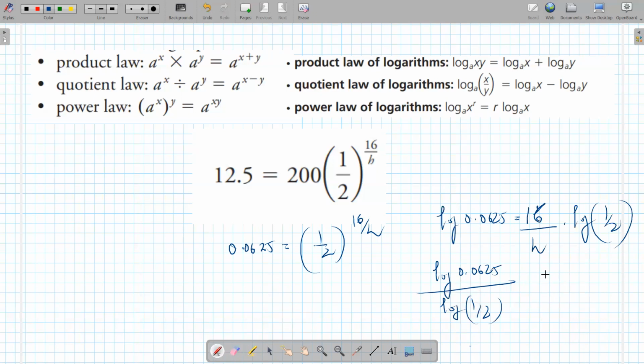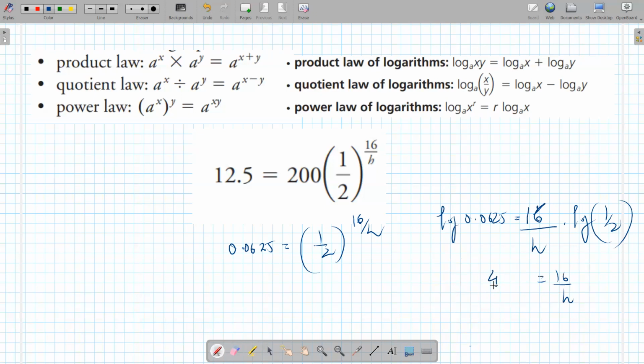So this is equal to 16 over h. We're trying to solve for h. If you want, I can give you that number divided by log of 0.5. So this is 4. Maybe this will make it easy.